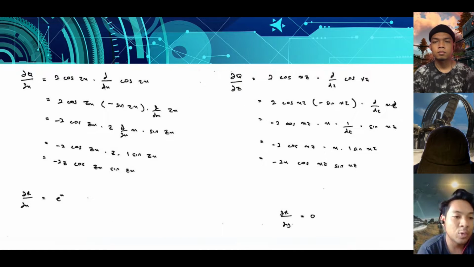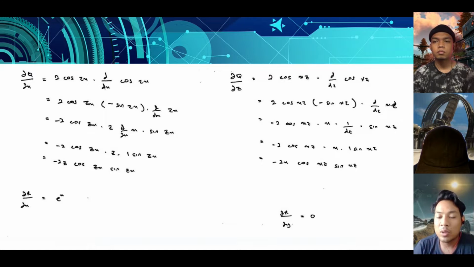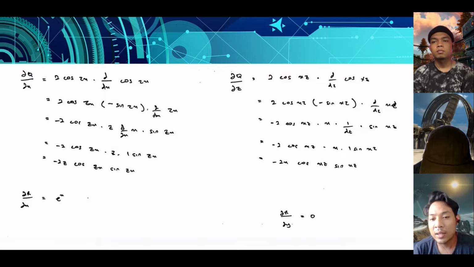For dQ/dx, we use the chain rule and we get 2 cos xz times d/dx of cos xz. So we differentiate cos with respect to x, and we get 2 cos xz times negative sine xz times d/dx of xz, and we get the final negative 2z cos xz sine xz. And for dQ/dz, we use the chain rule and we get 2 cos xz times d/dz of cos xz, and we differentiate cos with respect to z, and we get 2 cos xz times negative sine xz times d/dz of xz.